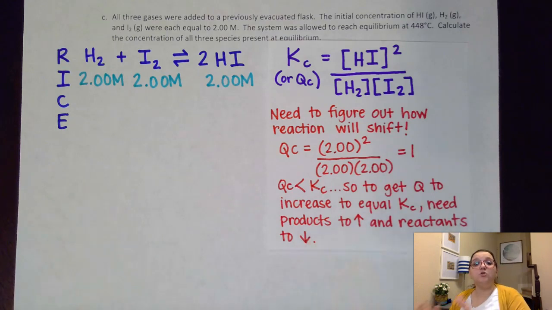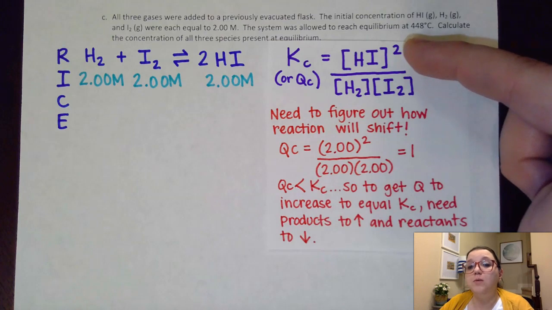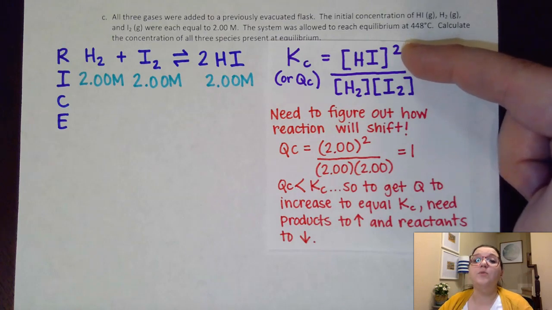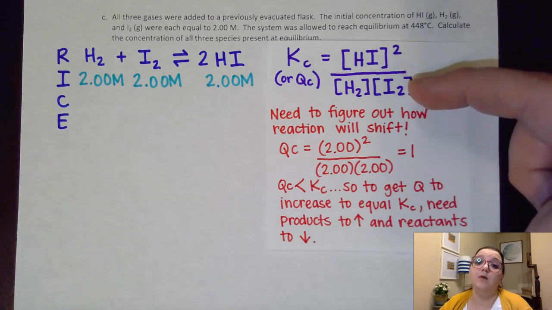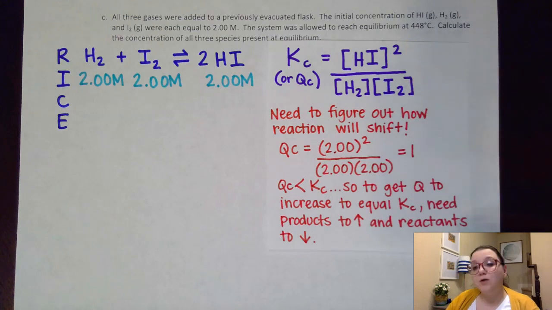I want to shift towards the product side of this equation. In doing that, I would end up using up some of the reactants. So not only will my numerator become larger, but the denominator will become smaller, so my reactants will decrease.